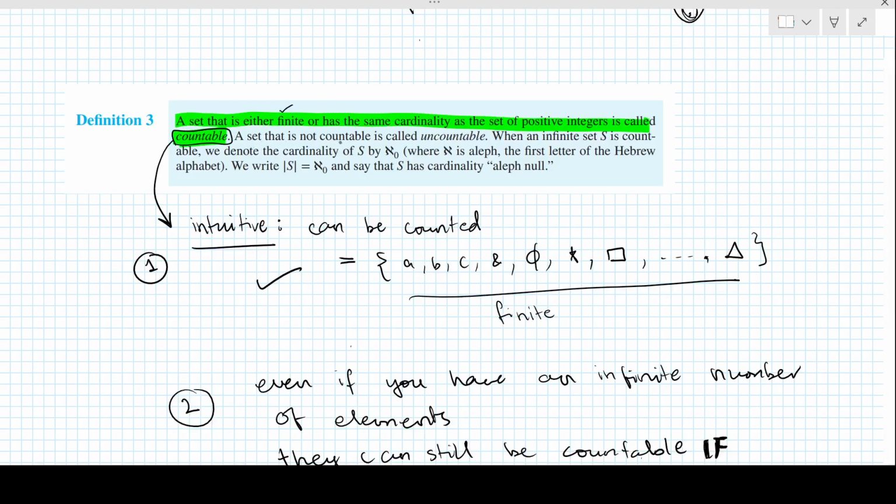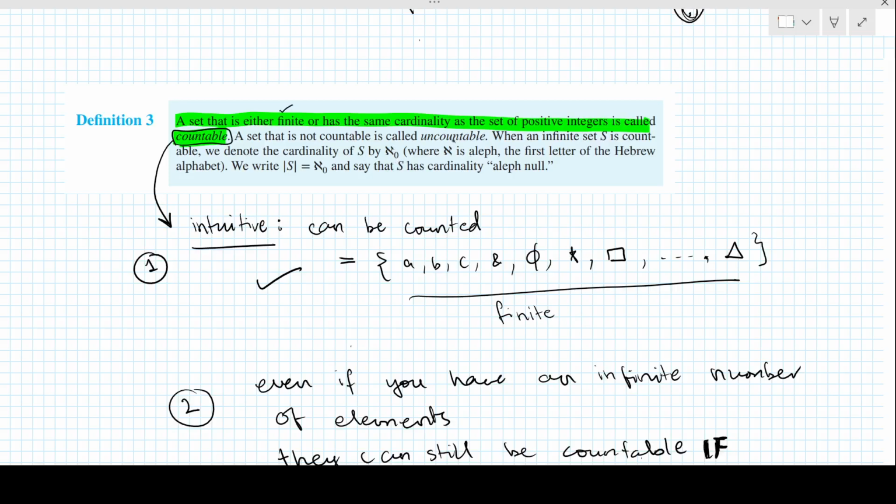A set that is not countable is uncountable, of course. So anything that satisfies neither the first condition nor the second condition, if neither of these conditions is satisfied, then the set is called uncountable. When an infinite set S is countable, we denote the cardinality of S by aleph null.